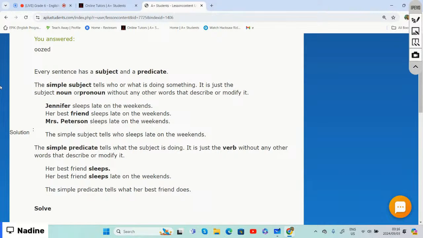And if we look at a few examples, it says Jennifer sleeps late on the weekends. This is now us identifying the simple subject.